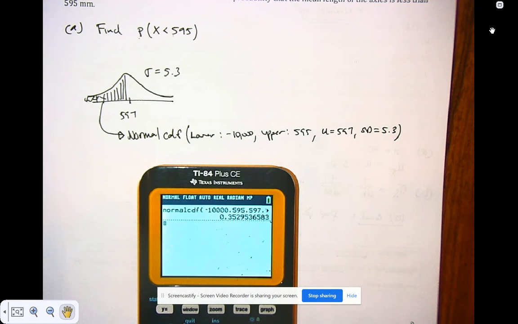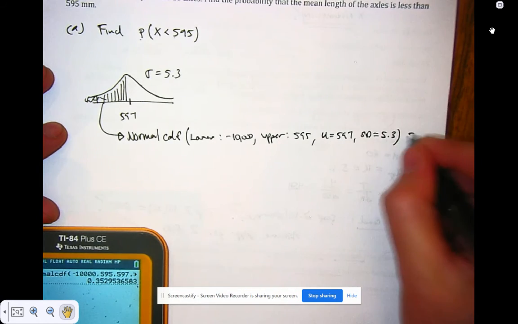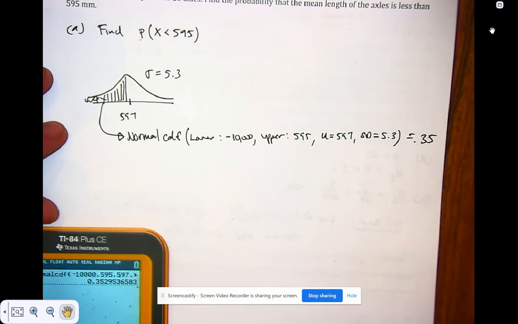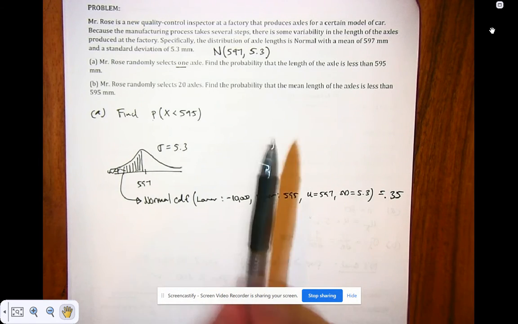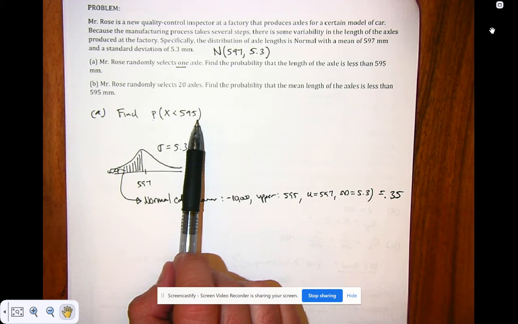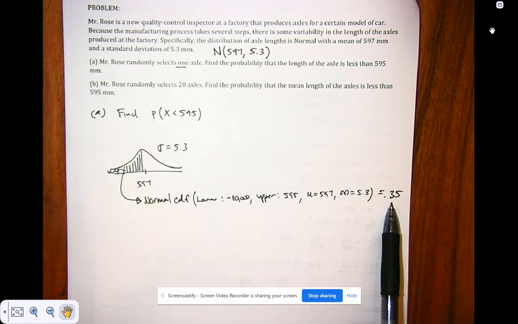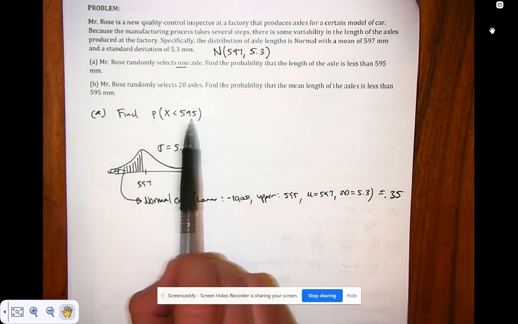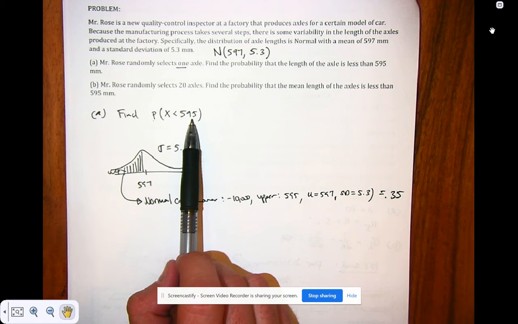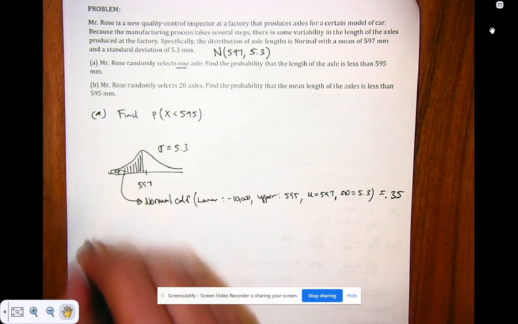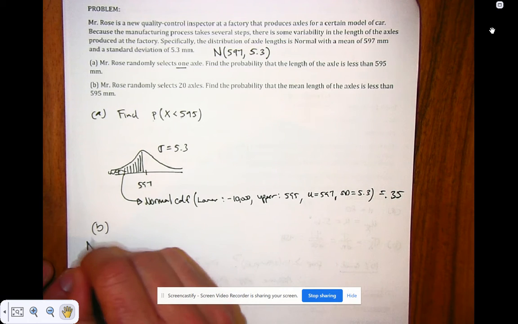Okay, and you get 0.35. So there's a 35% chance that you get an axle length that's less than 595 millimeters. Now, maybe that's a problem, right? Maybe the quality control guy's like, nah, that's not good. If it's less than 595, the wheels aren't going to fit on there. So we got to fix that. Okay? All right.